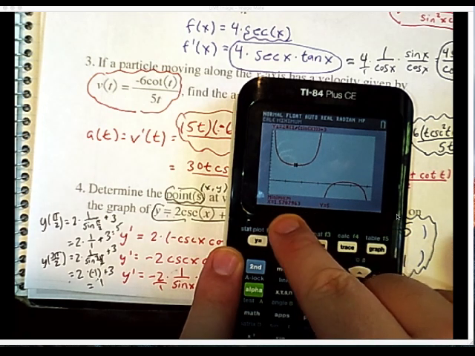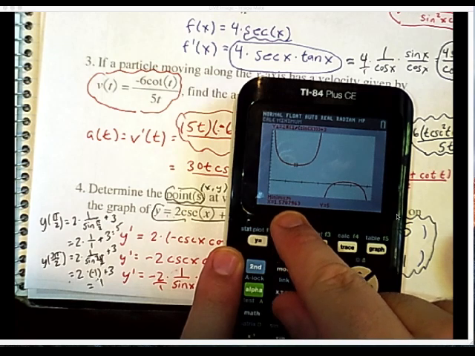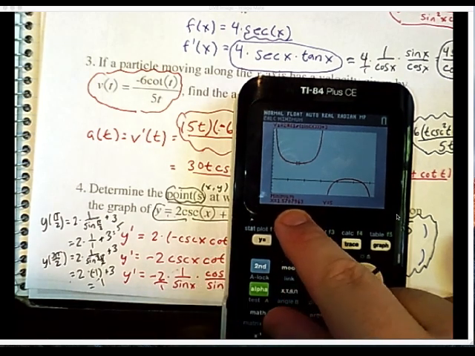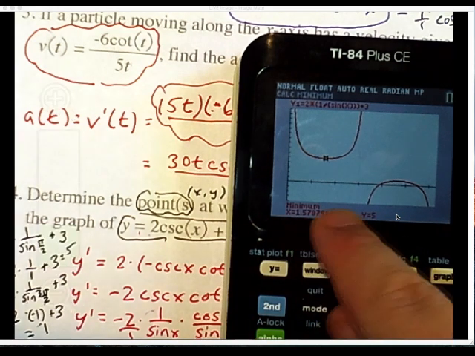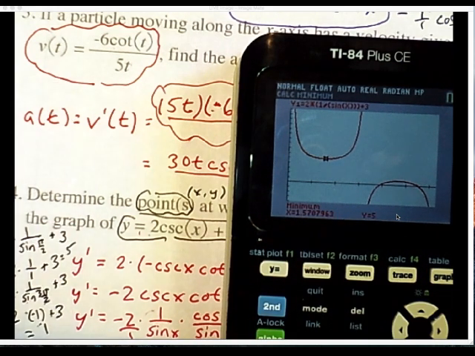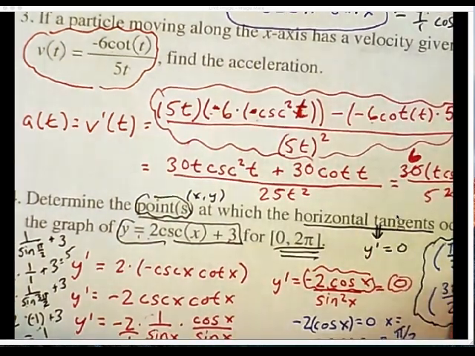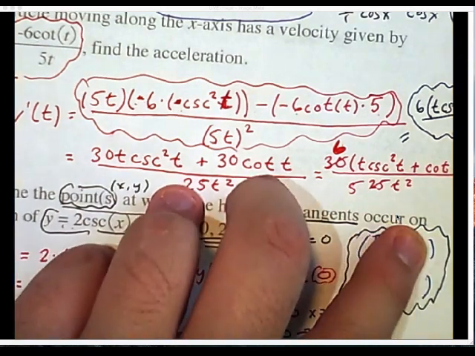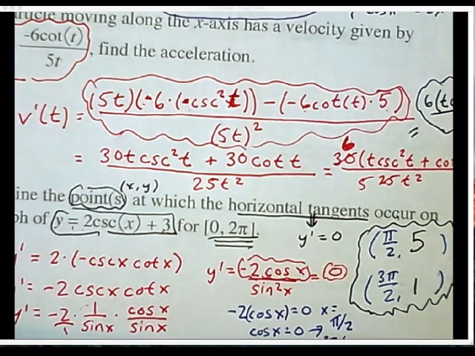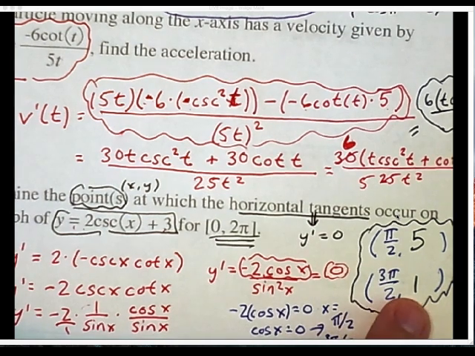It says the x value is 1.57. If I know pi is 3.14, that looks like half of pi, or pi over 2. And the y value there is 5. What do you notice? Pi over 2, 5, right here. That was one of the points where there would be a horizontal tangent line. And the other one is 3 pi halves, comma 1.